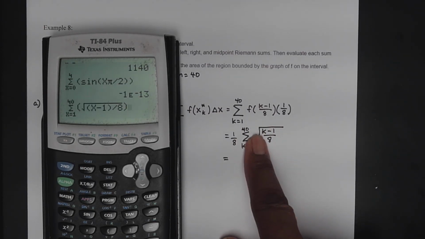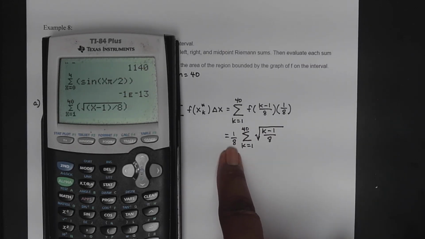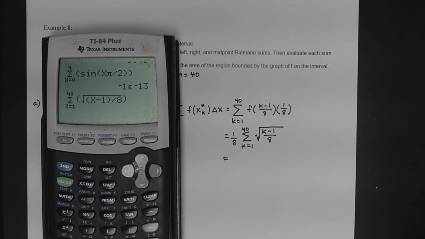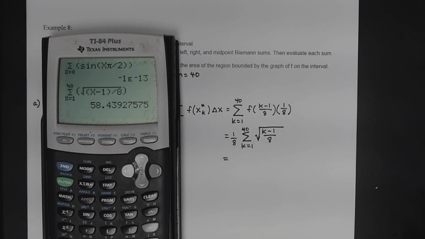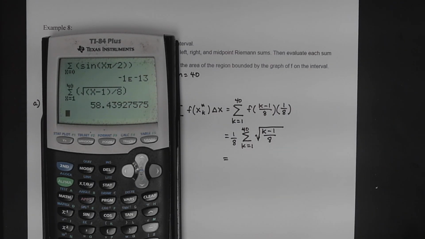Whatever I get for this, I need to multiply that by 1/8, so I don't want to forget that. If I press enter, it's this number, 58.4392575, but I need to multiply that by 1 divided by 8.